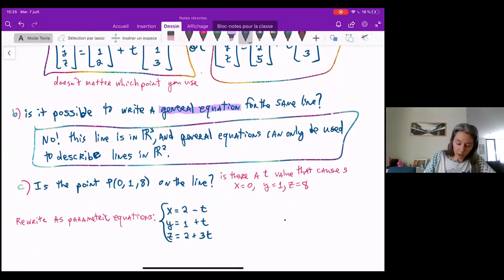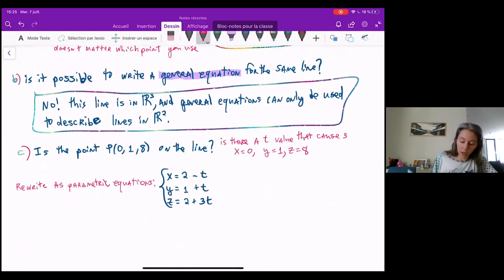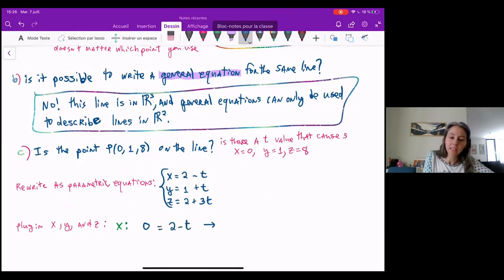So now, after I've rewritten these as parametric equations, I want to plug in x, y, and z and solve for t. So for my x value here, I'm going to get that 0 is equal to 2 minus t, which means that in order for x to equal 0, t has to be equal to 2.